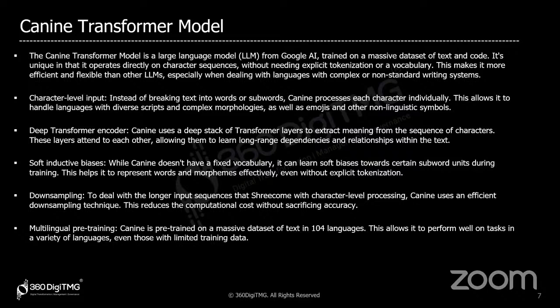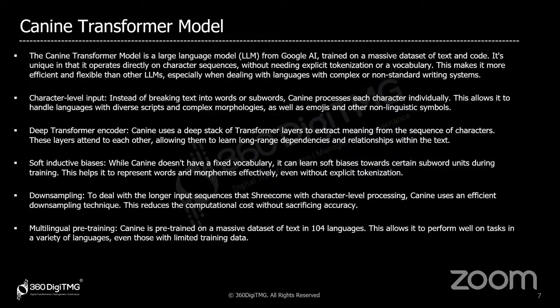Then, deep transformer encoder. Canine uses a deep stack of transformer layers to extract meaning from the sequence of characters. It will extract the meaning of the sequence of characters, whatever characters we are processing. These layers attend to each other, allowing them to learn long-range dependencies and relationships within the text.